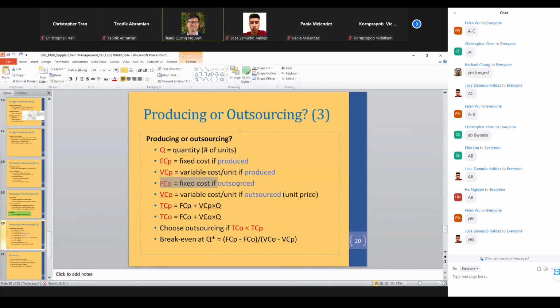We have the fixed cost of outsourcing and the variable cost of outsourcing. Then the total cost of production is this, right? We add the fixed cost with the variable cost. The outsourcing also is the fixed cost with the variable cost. And then we're gonna choose outsourcing if it is cheaper. And if it is the other way around, if producing is cheaper, then we're gonna choose producing, right? In-house production. And that is the equation for the break-even point, right?